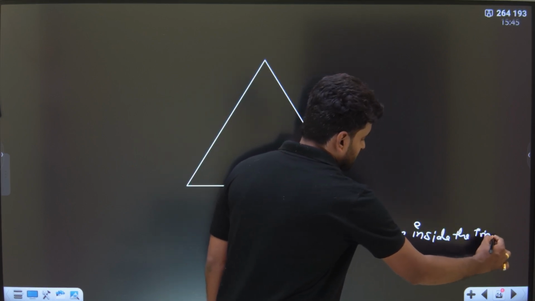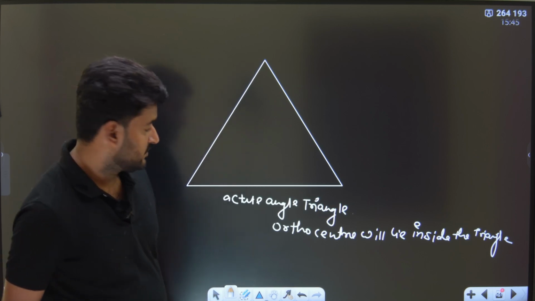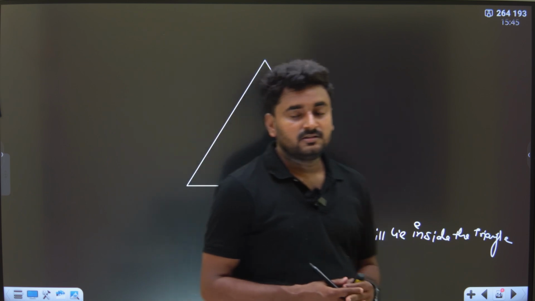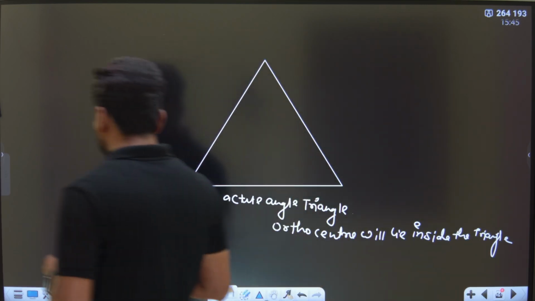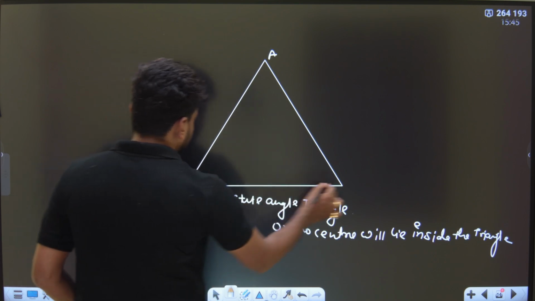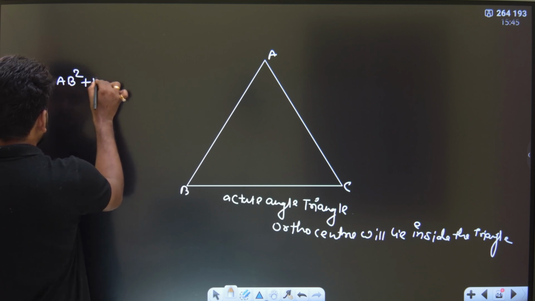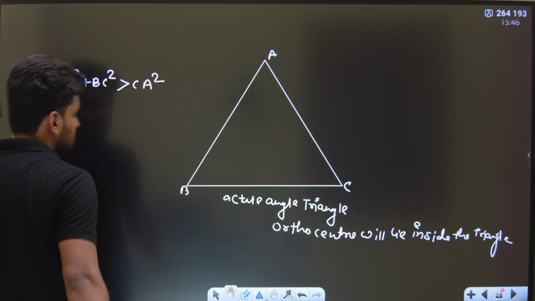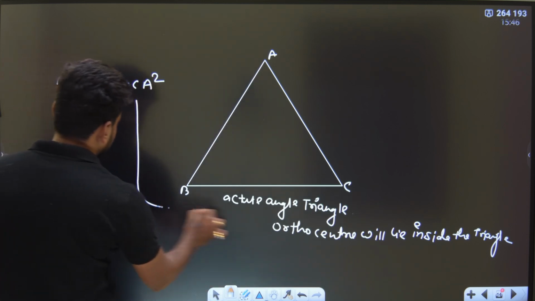This is the next property. What is an acute angle triangle? Suppose the vertices are A, B, C. If AB square plus BC square is greater than CA square, in that case the triangle is called an acute angle triangle.